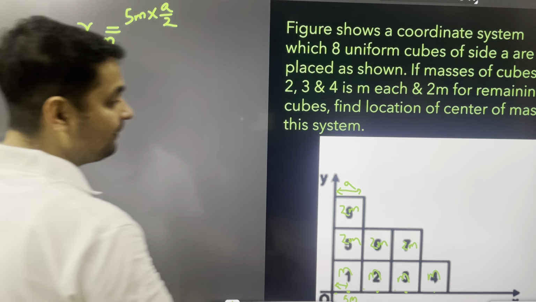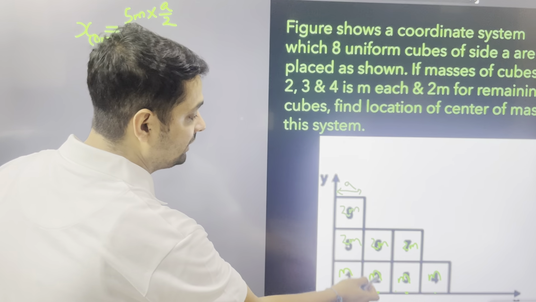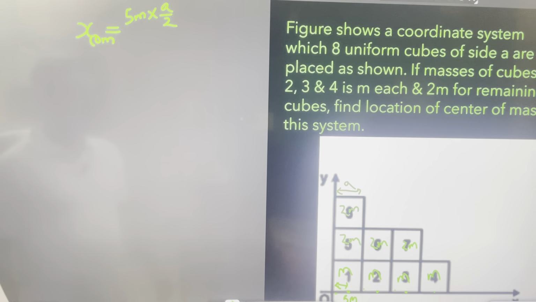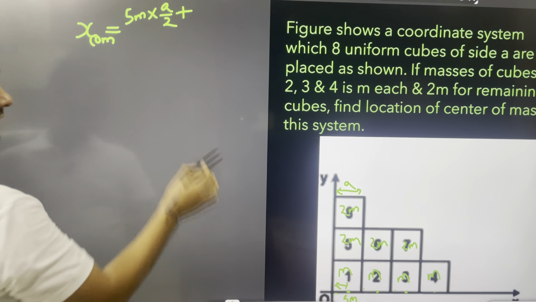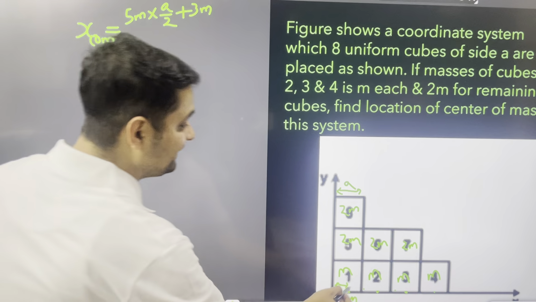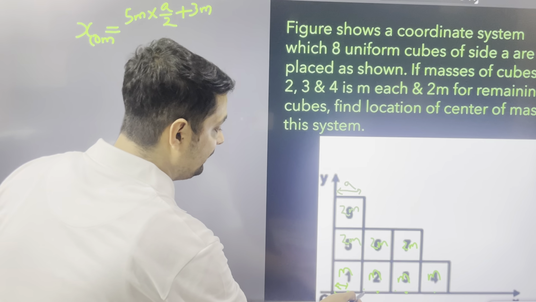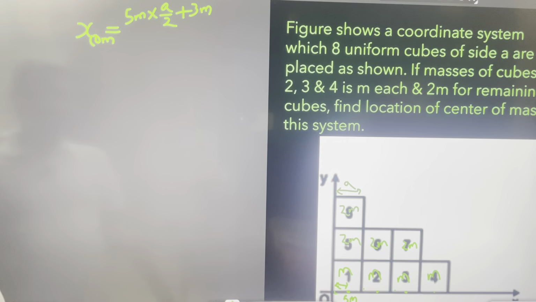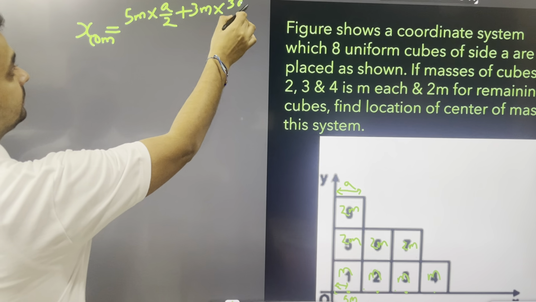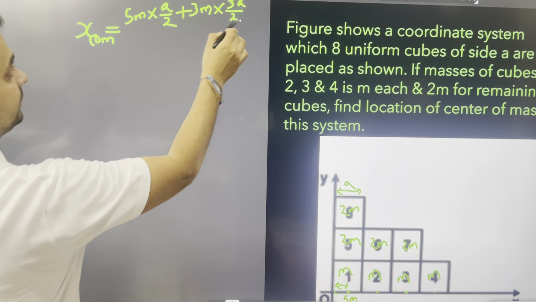Correct. Now the next one, 2m plus m, 3m. From here it is A by 2, but from the origin it is A plus A by 2, so we write 3m into A plus A by 2, which is 3a by 2. Correct.